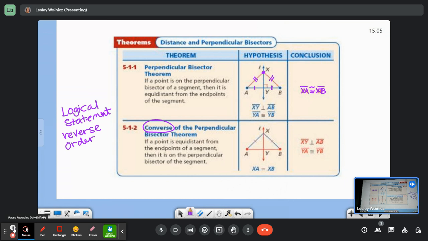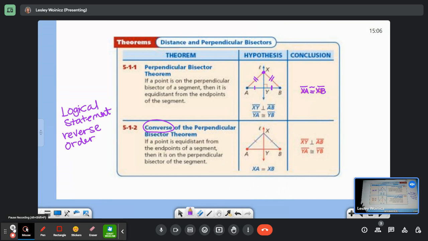So we also know that if a point is equidistant from the endpoints of a segment, then it is on the perpendicular bisector of the segment. So these two things we know are true backwards and forwards. If we have a point on the perpendicular bisector, it is equidistant from the endpoints. If a point is equidistant from the endpoints, then we know it's on the perpendicular bisector. See how it goes forwards and backwards?